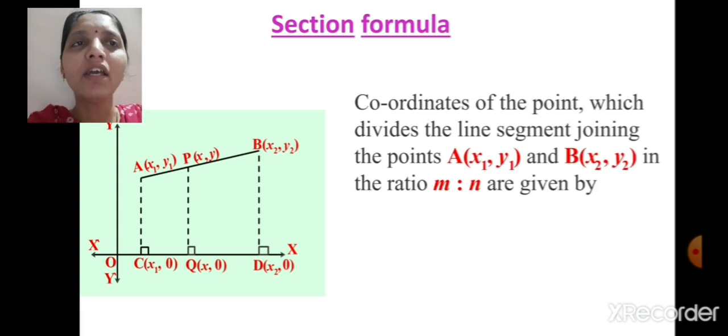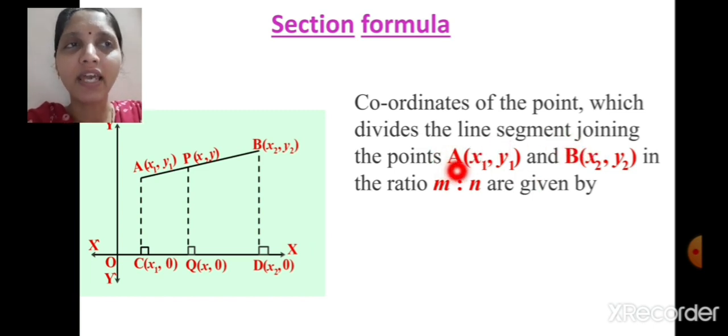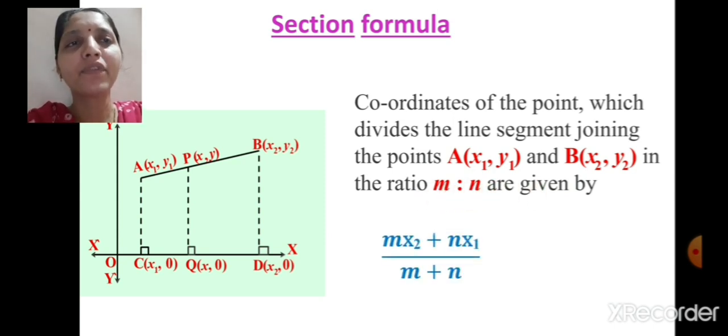So the coordinates of the point which divides the line segment joining the points A and B in the ratio m is to n are given by: this is the formula for the x coordinate, that is mx2 plus nx1 upon m plus n.